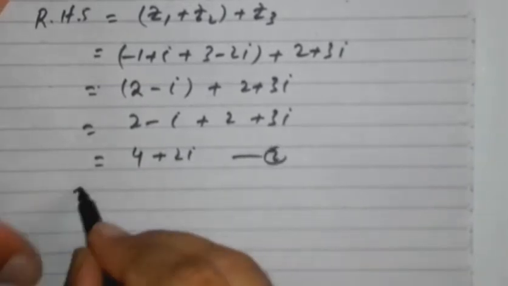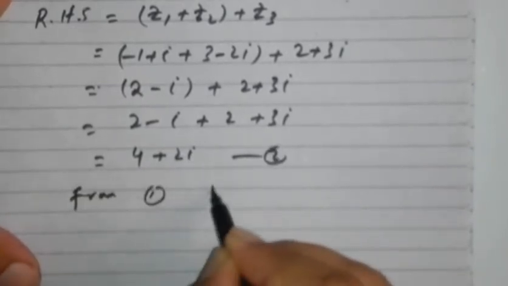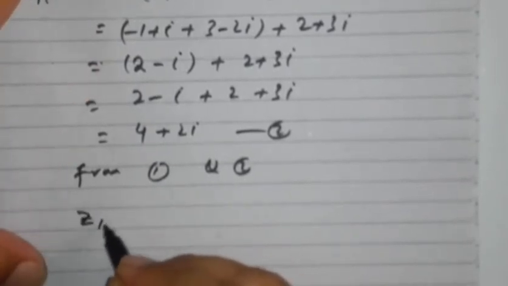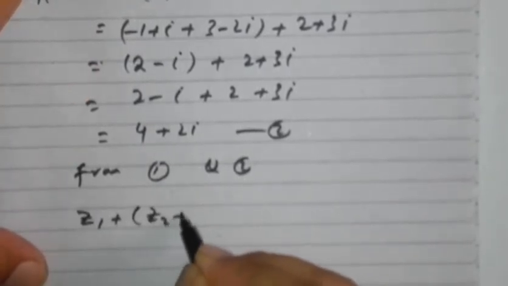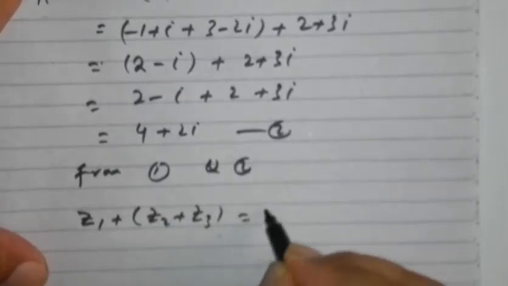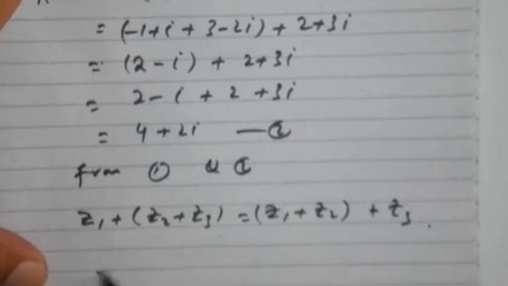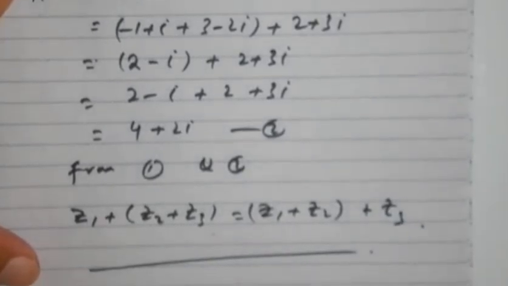This is 2. From 1 and 2, it is proved that Z1 plus (Z2 plus Z3) equals (Z1 plus Z2) plus Z3. Associative property with respect to addition is verified.